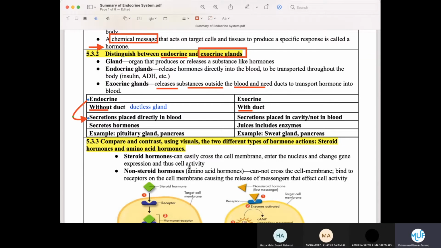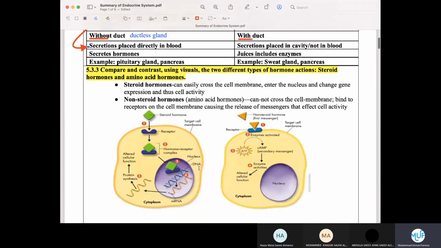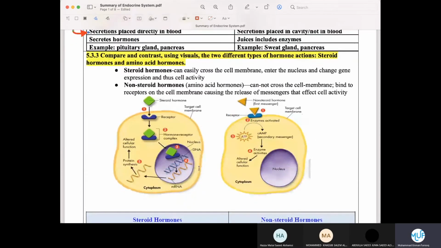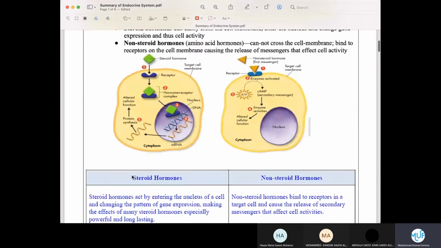Okay, now we will see the difference between the two types of hormones, because we also have two different kinds of hormones called steroid hormones and non-steroid hormones. First of all, we have to look at what steroid hormones are. Any hormone which can directly enter the cell and whose receptor is inside the cell is called a steroid hormone.